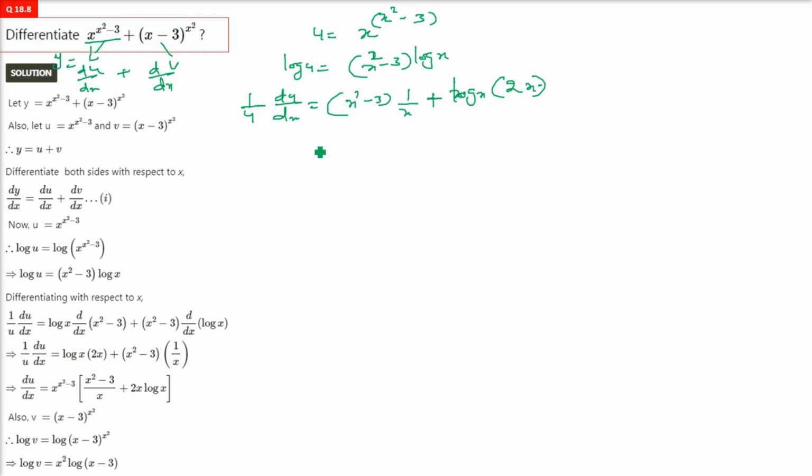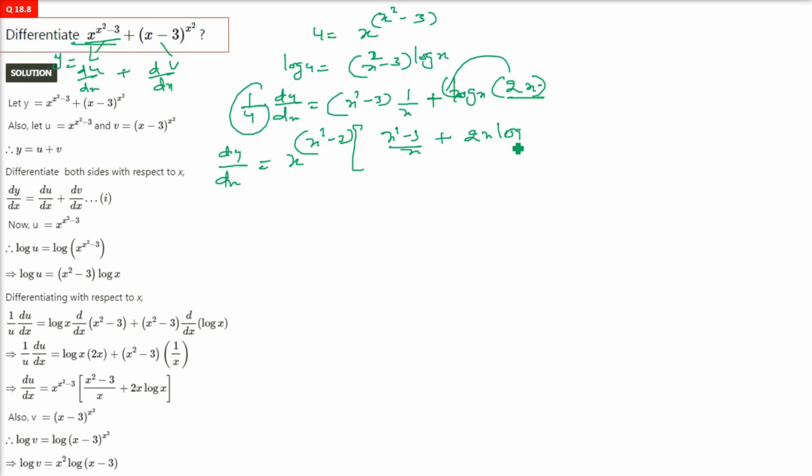And then for the final result, you have to take u on the right hand side in the numerator. So u will be x to the power x square minus 3, which will come as it is. x square minus 3 by x you can write, plus 2x log x. So this is your first result. So du by dx is this one.